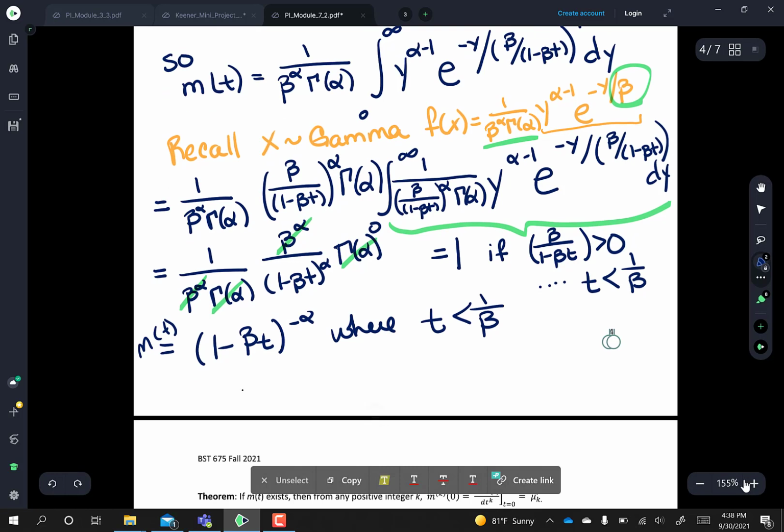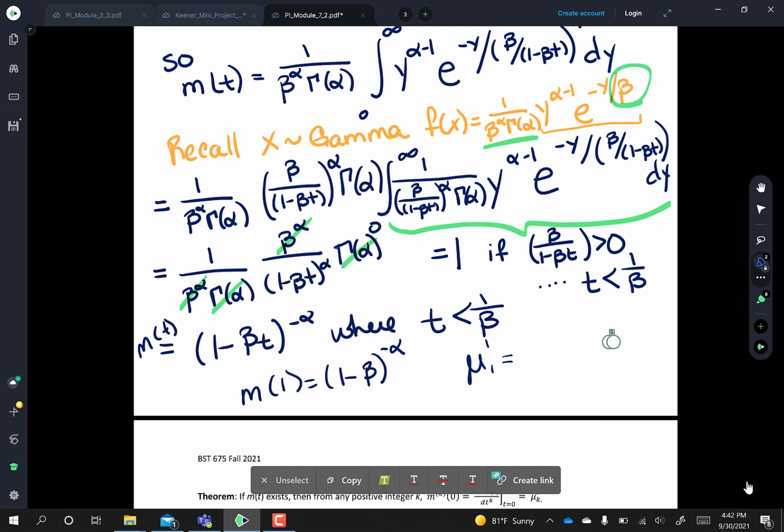So notice that M of 1 is equal to 1 minus beta to the minus alpha. So here we have that first moment, but you might say, but wait a minute, I thought this was supposed to give me that first moment about the origin, which we know for the gamma distribution is alpha beta.